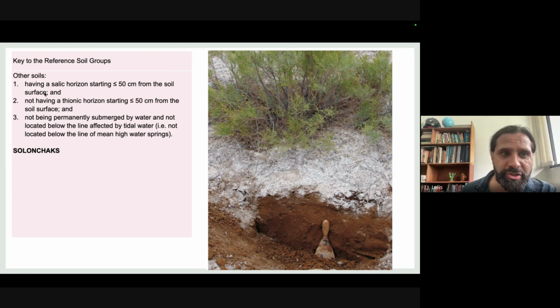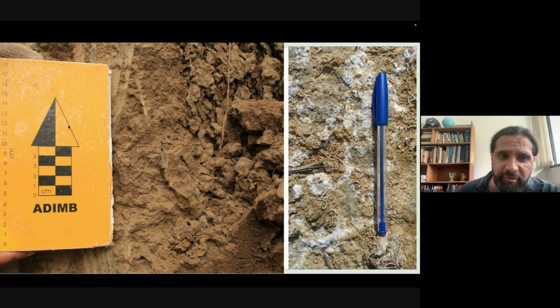Okay, so they should register the salic horizon, concentration of salts, not a thionic horizon, not concentration of sulfur, and not be flooded by water table level or tidal water, sweet or salt water, no. It's quite common to see in the Solonchaks these white dots or white spots expressing the concentration of salt. The Solonchaks are different from the Solonetz because they do not register the natric horizon.